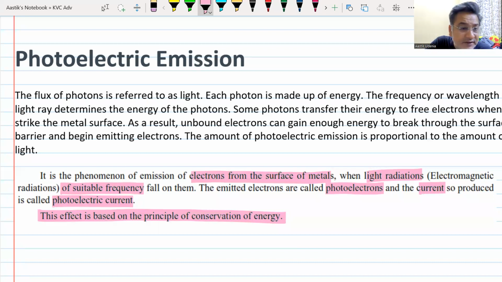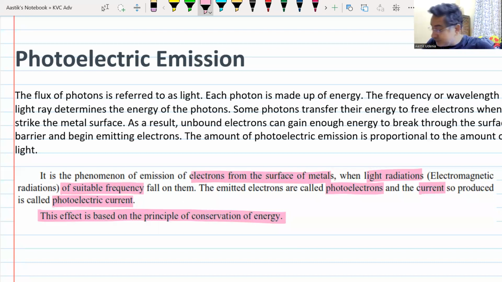Who observed this photoelectric effect for the first time? Einstein, sir. Not Einstein. Not necessarily that what we know is correct.